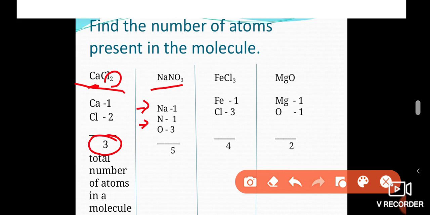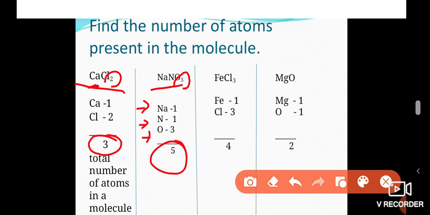So N1. And after oxygen, you may see the subscript 3. That means 3 oxygen atoms are present in the molecule. So oxygen is O. Totally, how many atoms are present in the molecule? 5.